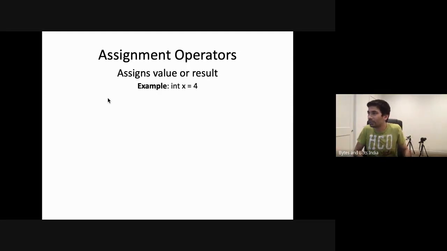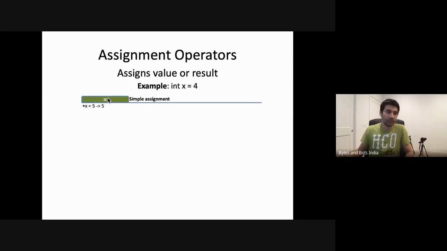As an example, int x equal to 4, in this case, we are assigning 4 to x. So the equal to sign is an assignment operator, right? That's the simplest one. It's a simple assignment operator. So if you do x equal to 5, it will make x 5, right?